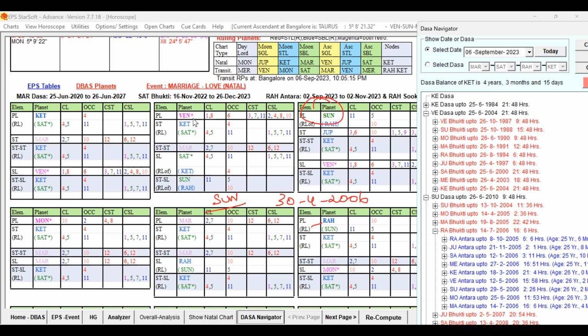Though Venus has significations, the favorable key planets of the Bhukti Lord are Saturn and Sun, strongly playing a role. Because of that, it is supported. Otherwise, if Venus had some favorable signification, Sun and Venus would have given the result. Strong significator, right? So anyway, Rahu Bhukti, Venus Antra has supported the marriage.